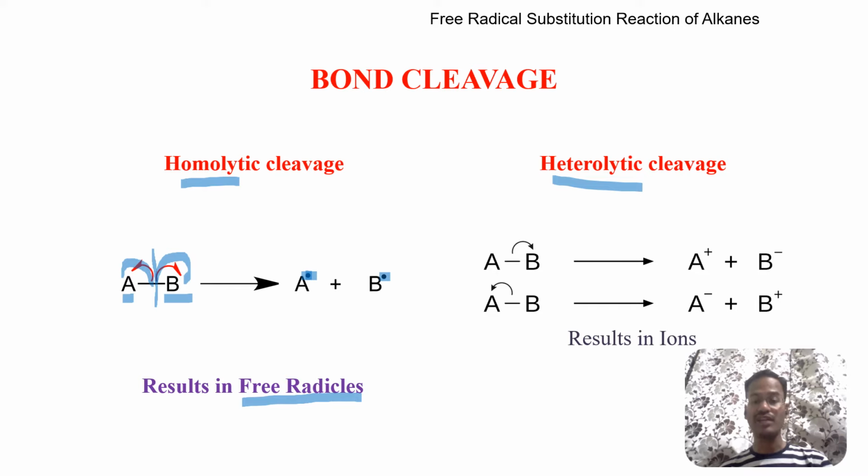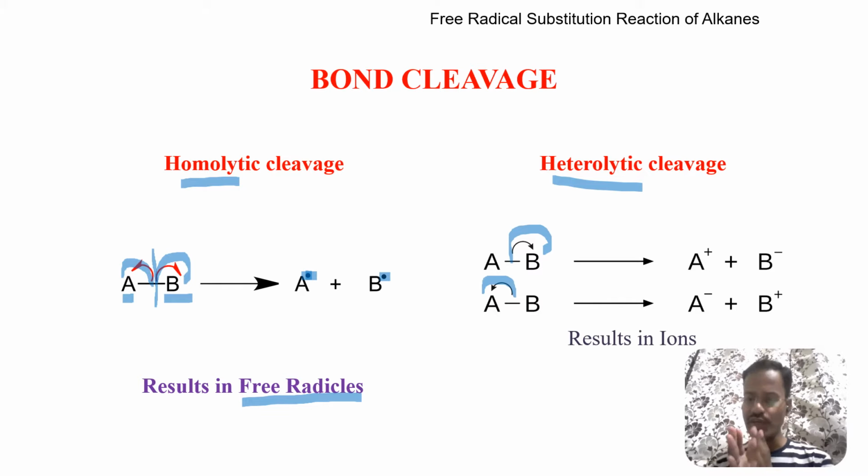The second type of bond cleavage is heterolytic bond cleavage. The same molecule we have taken here, A and B. There is a bond between A and B, which means there are two electrons in this bond. If both electrons are given to a single atom, either B or A, then the bond is not broken equally.